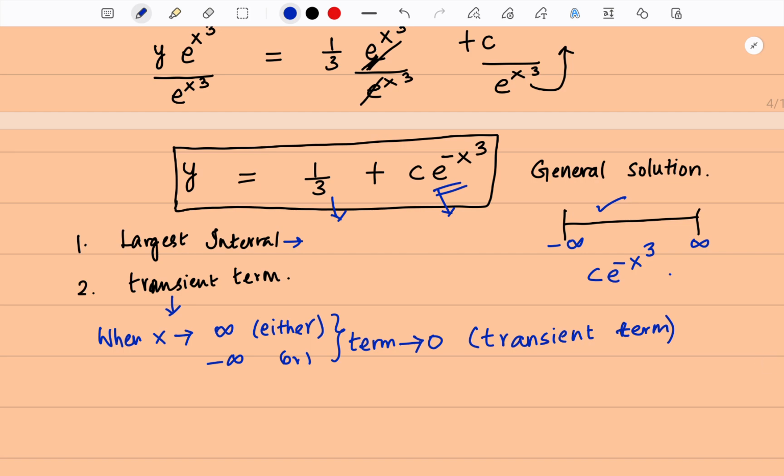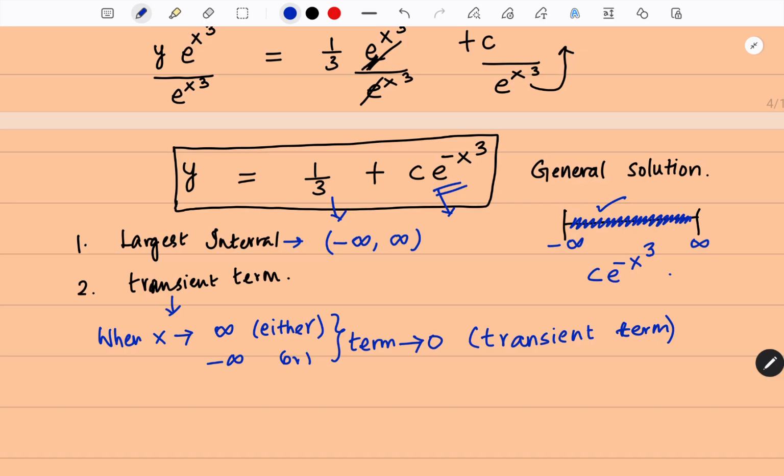We know very well all exponential functions are defined for all real values. That means from minus infinity to plus infinity. So this is your largest interval.